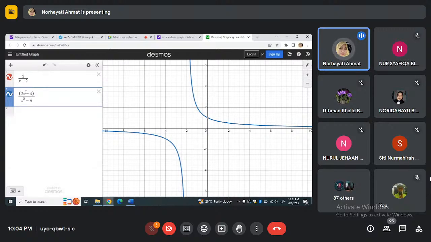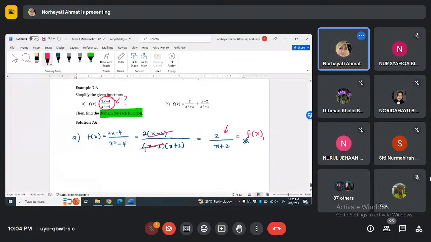Macam mana saya nak cakap ni? Dia dah simplifiedkan graf dia ni. Macam mana saya nak cakap, maksud saya, okay, walaupun graf dia gambar sama, tapi bila kita tengok pada given function, kita akan nampak denominator dia undefined dekat nilai x apa.